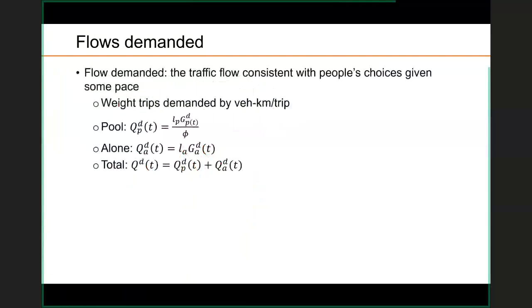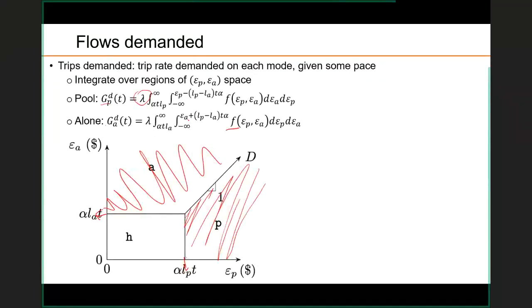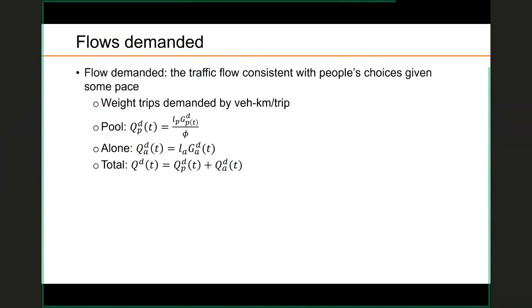So the flow demanded would be the traffic flow consistent with people's choices given some pace. We just take the trips demanded. We use this notation G here for trips demanded because that's left over from the network exit function theory; they usually use G. You weight the trips demanded by the vehicle kilometers added per trip. So here we have the pool trip demand, and we weight it by that LP over phi that we talked about earlier, the marginal contribution to flow of a pool trip.